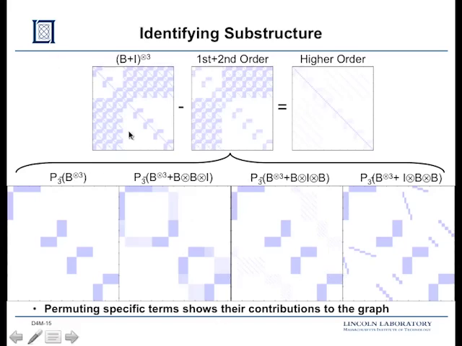Here is the permutation of just the bipartite piece, and that shows you these core bipartite chunks in the graph. We then do the second term, which is B Kron I. Now you can see that this creates connections between these groups. Likewise, if you do the next one, B Kron I Kron B, that shows you the connections between these groups.